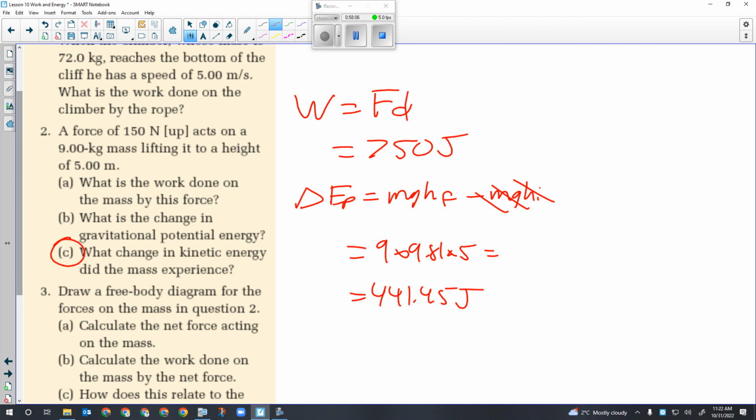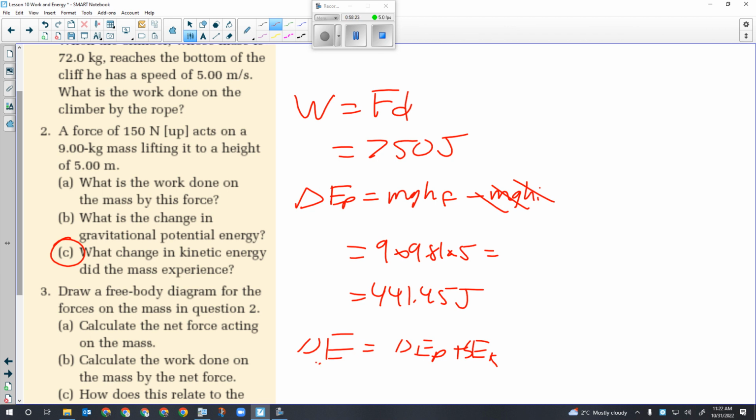We don't have any speeds here, so I can't use 1/2 mv squared, but I can say that the change in mechanical energy is the change in potential plus the change in kinetic. That would be true, right?